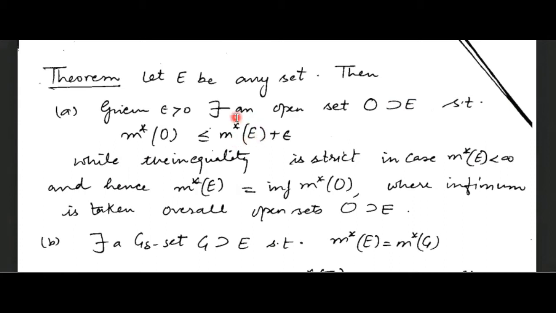Means this set is very near to E. And here the equality holds only when the measure of E is infinite. So if the measure of E is finite, we get the strict inequality.